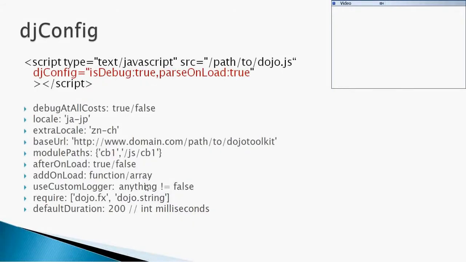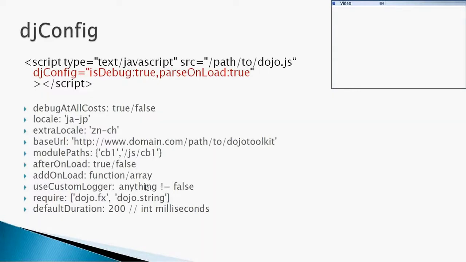You can add as many namespaces here; it's not like you can add only one. Then from here you can say what function should run after onload, and some other configuration. Don't worry about all the configurations, because then it will take too much time.